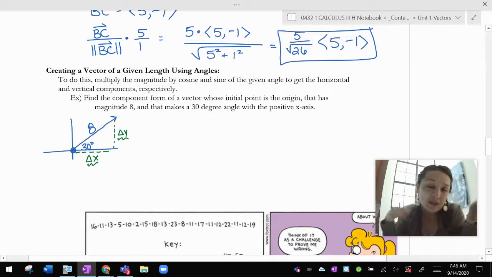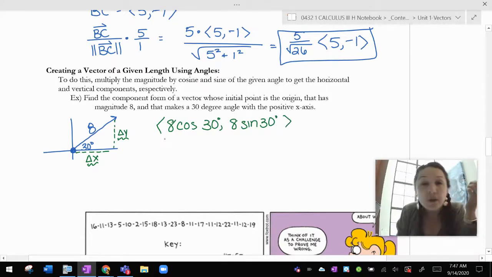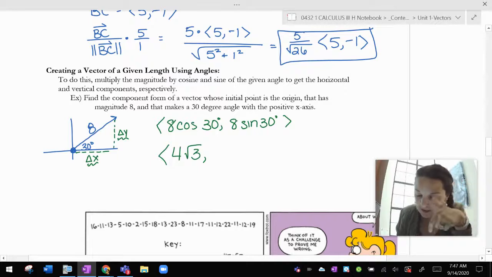It's adjacent to the 30, so that's going to be cosine. So this is really going to be 8 cos 30, 8 sin 30. The cosine of 30 is radical 3 over 2, so 8 root 3 over 2 is 4 root 3. 8 sin 30 is 8 times a half, which is 4.